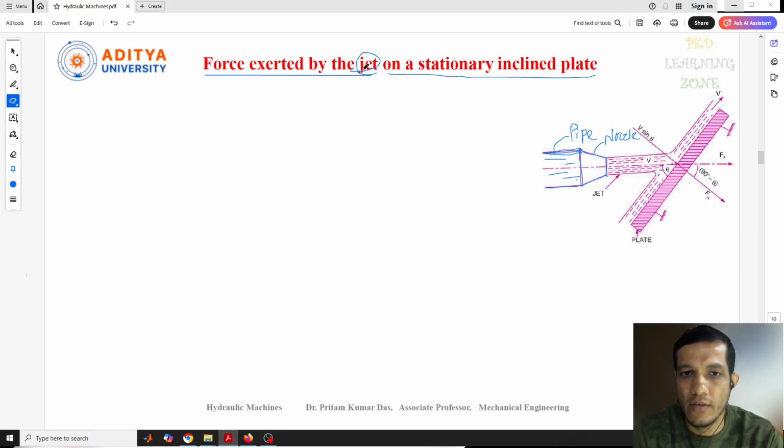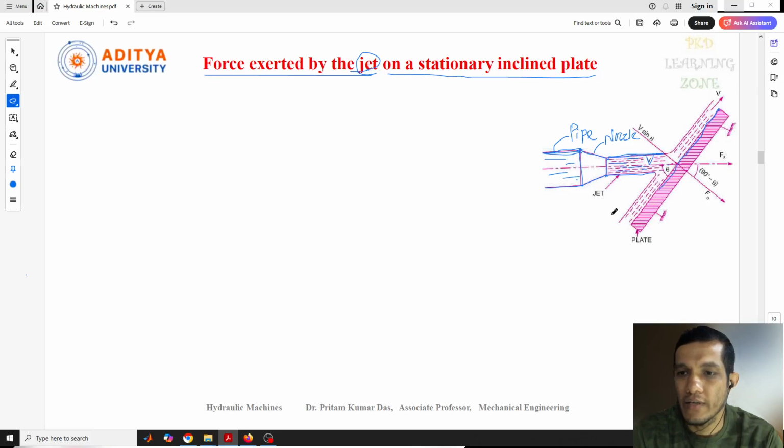The jet of water comes out with a velocity of v, and it is going to strike a flat plate, but the plate is in an inclined condition.